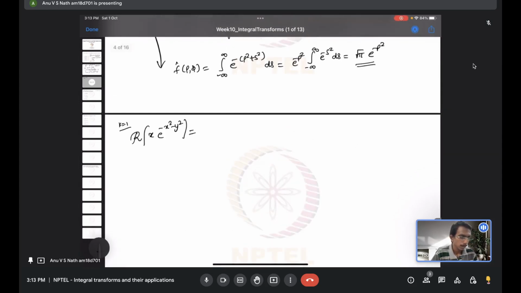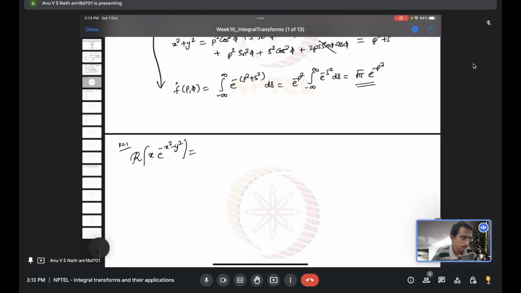For k equal to 1 this is the quantity we want to evaluate. For k equal to 2 it is just y, which is x2, times exponential of minus x square minus y square. From this we can generalize the expression of the Radon transform of xk times exponential of minus x square minus y square.